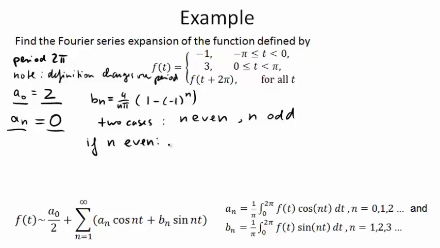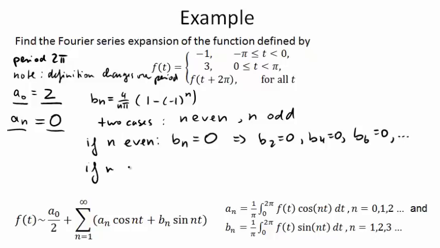Well, if n is even, we've got this bit here, which becomes positive 1, and of course then we've got 1 minus 1, and that becomes 0, so the whole lot becomes 0. So for any n even, Bn is equal to 0. That means that B2 is equal to 0, B4 is equal to 0, B6 is equal to 0, and so on.